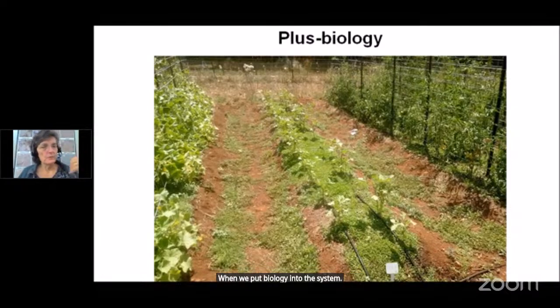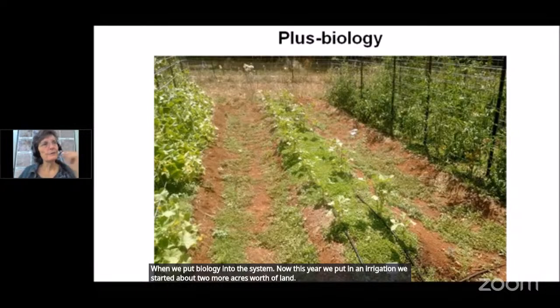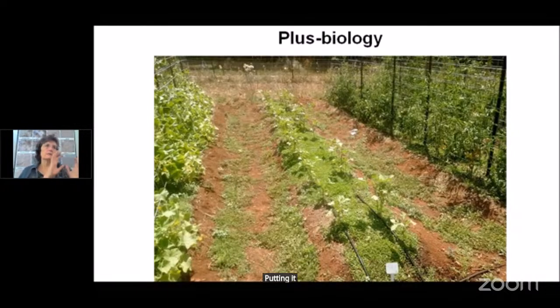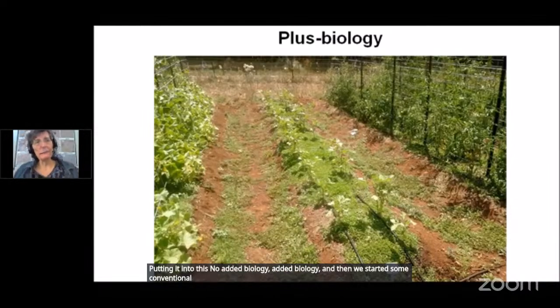Now this year we put in an irrigation. We started about 2 more acres worth of land, putting it into this no added biology, and then we started some conventional sections so we would have that comparison to what goes on with fertilizer.